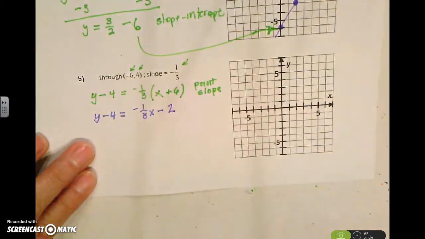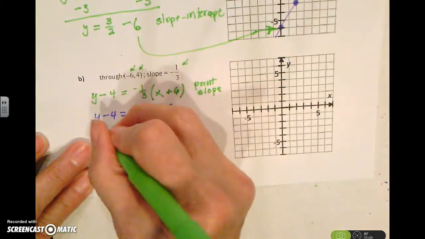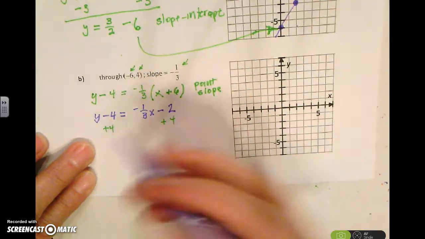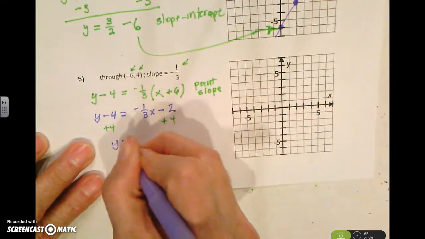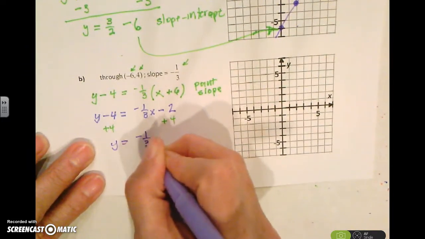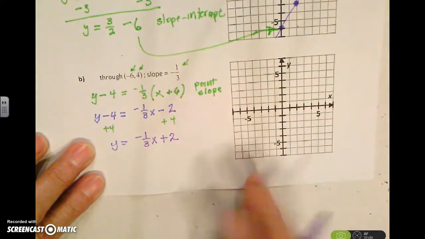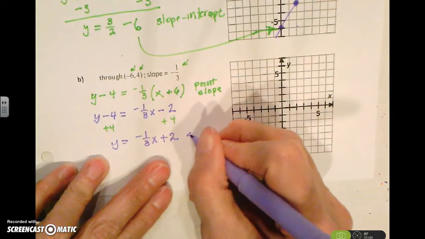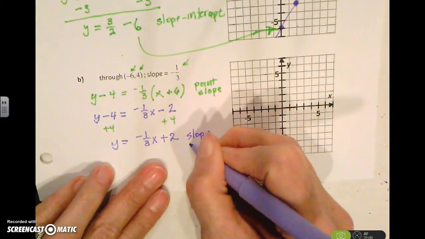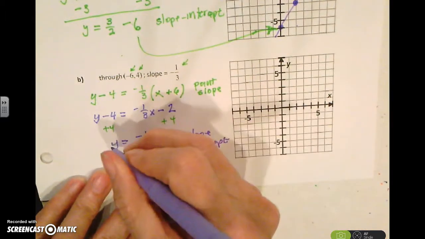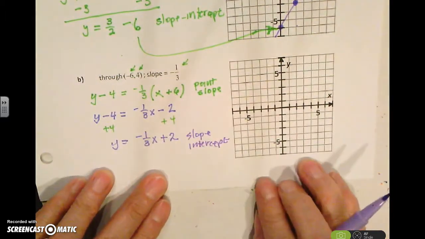Then I want to move my 4 over, so I'm going to add 4 to both sides, and I will have y is equal to negative 1/3 x. Negative 2 plus 4 is positive 2. And so here we have slope-intercept form. And in slope-intercept form, it's solved for y, and there's no parentheses.